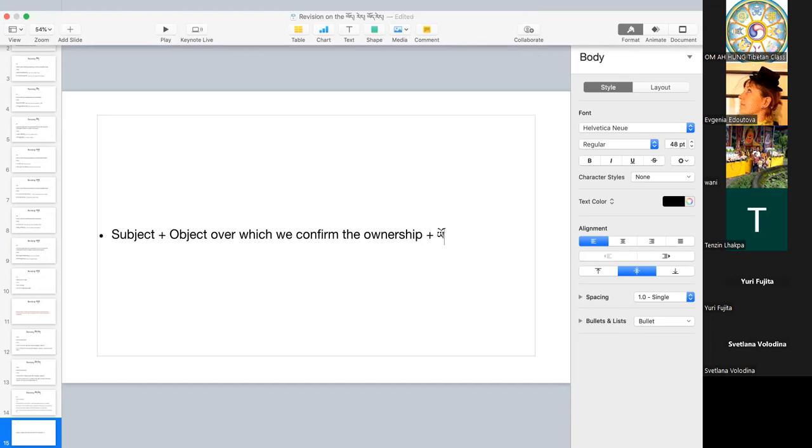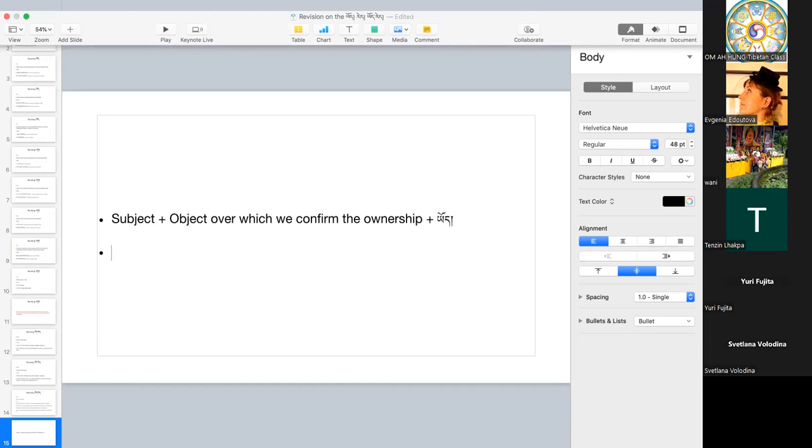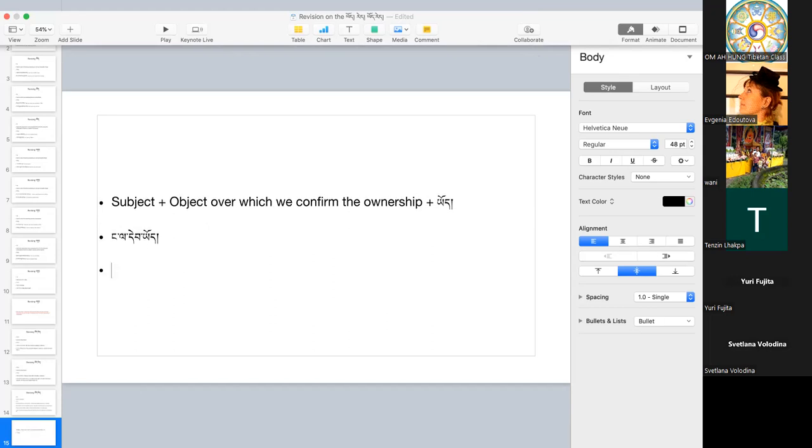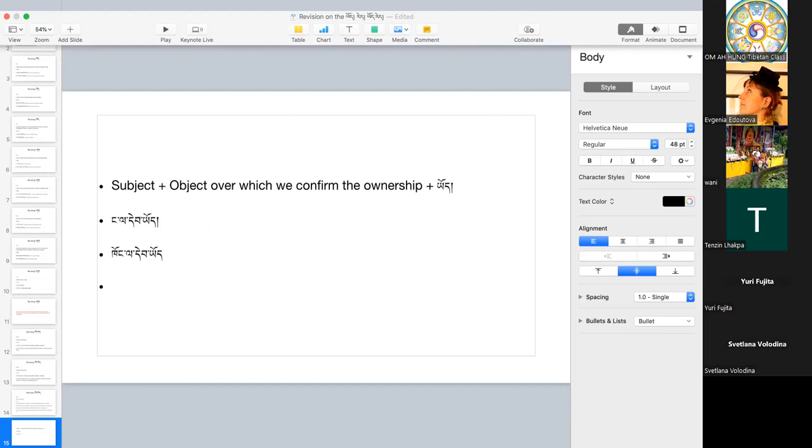So I'm going to make very simple sentences here. Nga la thep yue. Kong la thep ndu, or Kong la thep yue. Doesn't matter, in this case both are confirmation.